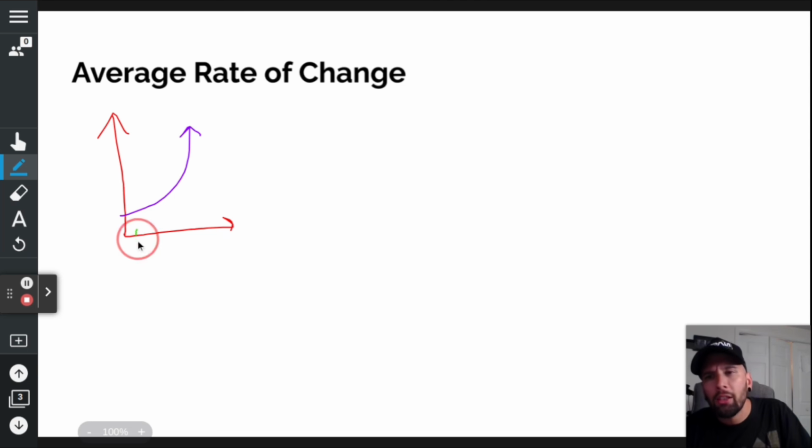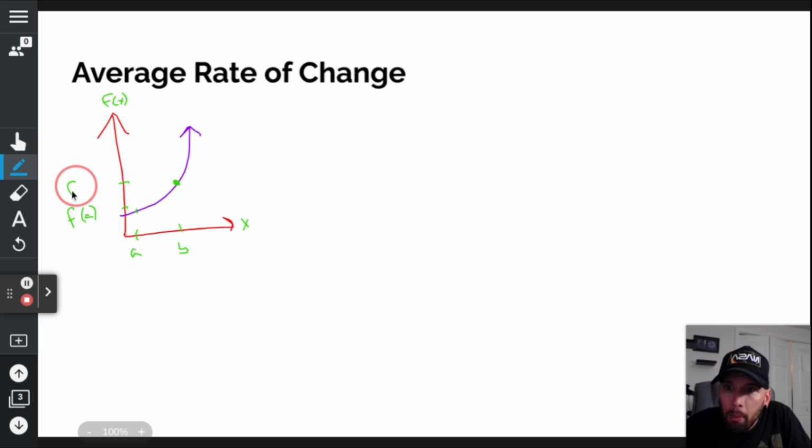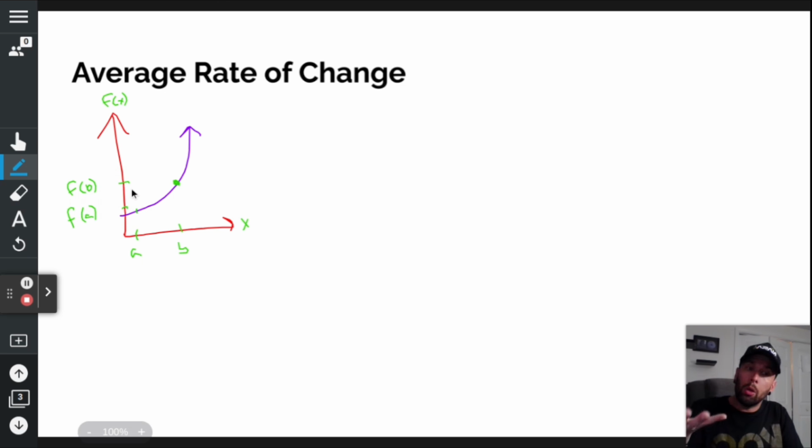So let's call the first spot A on the x-axis, and let's call the second spot B. On the y-axis, also known as the f of x axis, if I plug in A, I'm going to get this point right here, which lines up with f of A. If I plug in B, that lines up with this point right here on the line, which lines up with f of B.